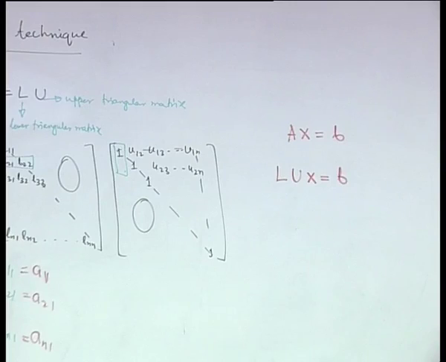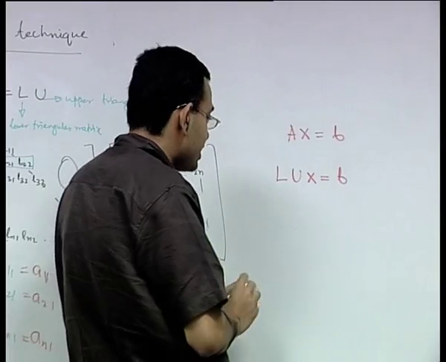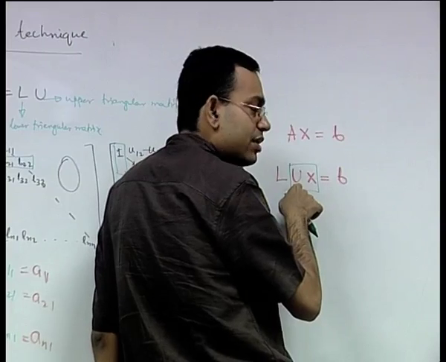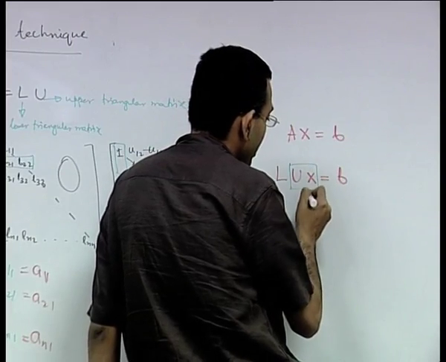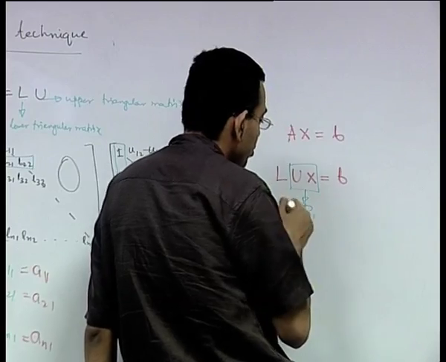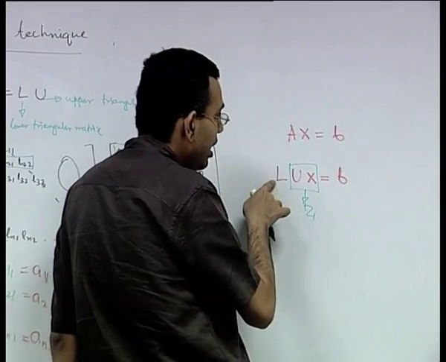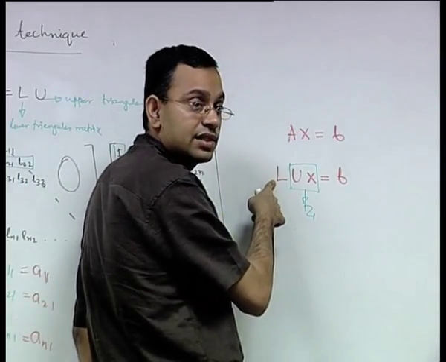So, once you have factorized A as L into U, next step, you can write U into x as some z. So, you can write Lz equal to b. So, now you can see this is a triangular matrix.